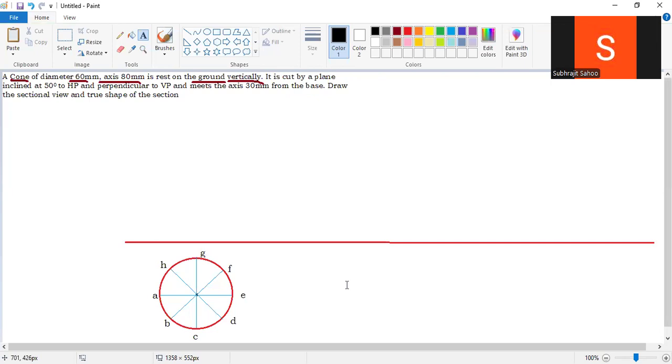So what is the next step? This is for which view? This is the top view, over. Then, sir, I will draw the front view for this figure. To draw the front view, I have to draw the projection lines first. From point A, draw the projection line.